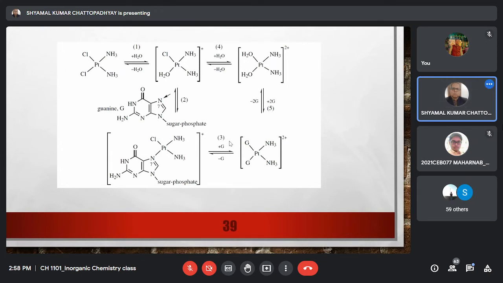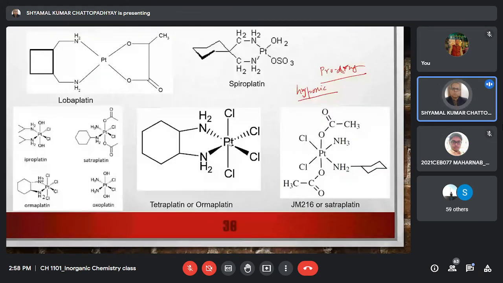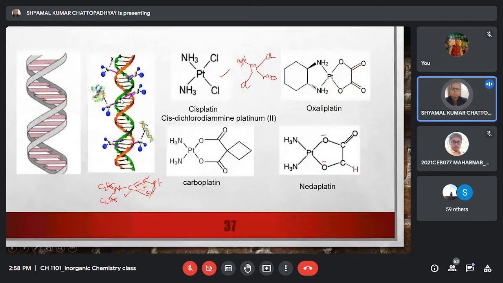And that's why it is so toxic, and also it cannot bind DNA in this fashion, right? Transplatin can only cross-link two DNA molecules or a DNA and a protein molecule, but it cannot bind in a 1-2 or 1-3 fashion. As a result of this, transplatin is not so effective against DNA binding.